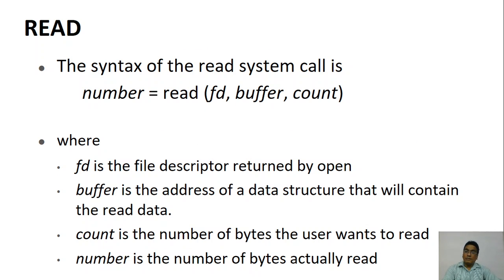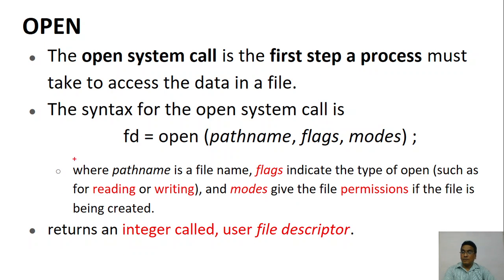Once we open the file, we have another system call that can be used to read the content from the opened file. The syntax for the read system call is the word read followed by a parenthesis, and we use the file descriptor that is obtained when opening the file.